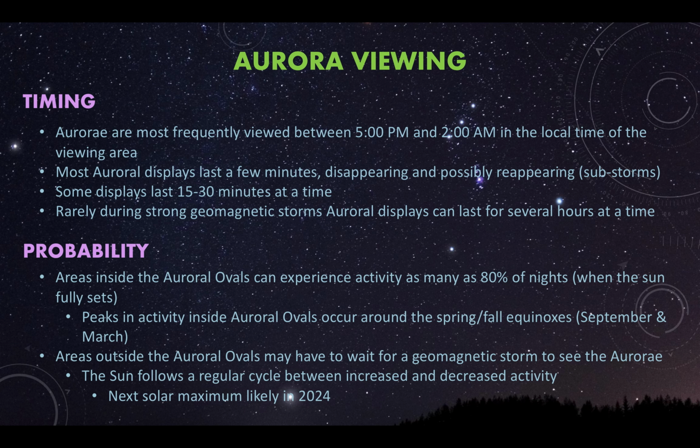The best time to actually view the Aurora Borealis is between 5 p.m. and 2 a.m. Most of the displays only last a few minutes and they can disappear and then reappear. Some last between 15 and 30 minutes, and rarely, if the geomagnetic storm is strong enough, it can even last for several hours.